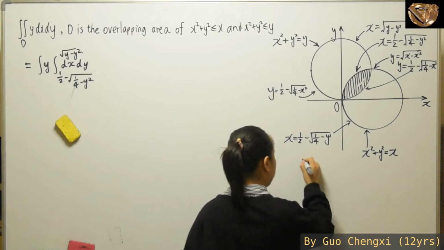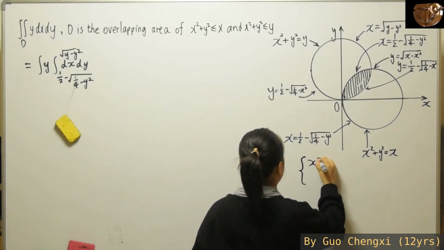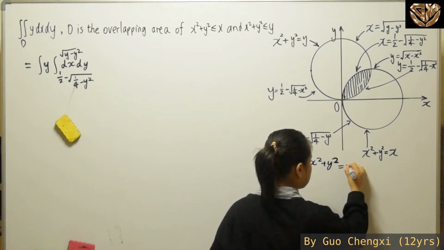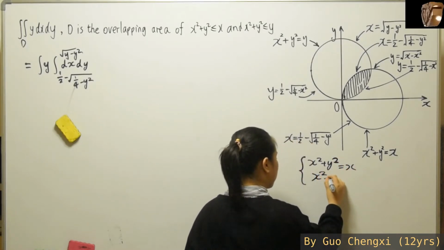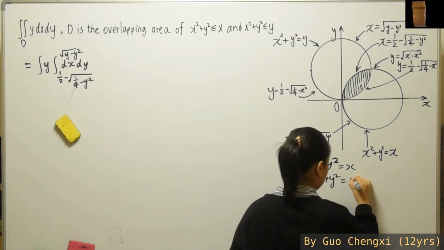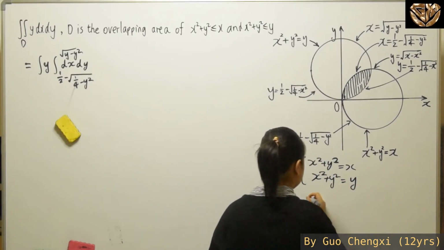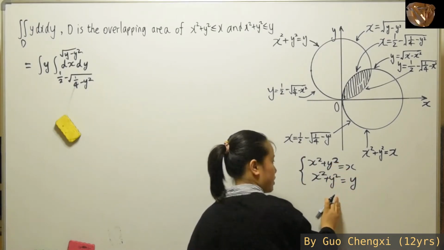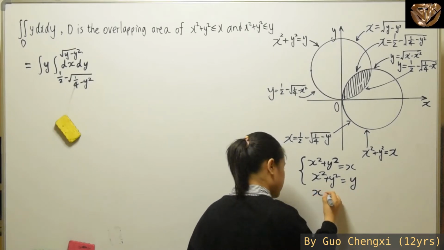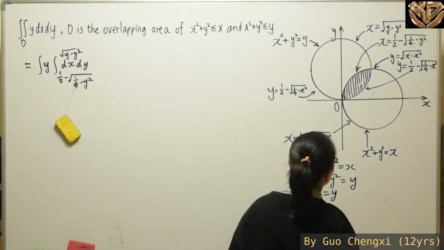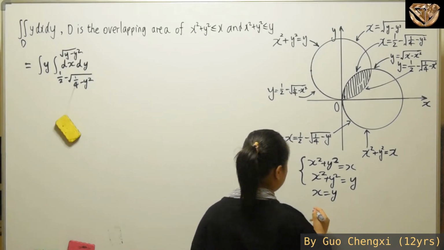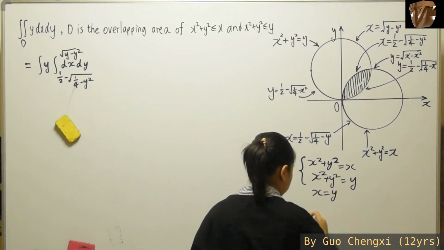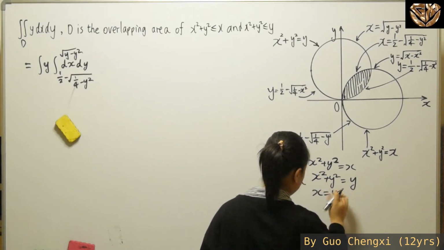So for the boundary for y, we have these two equations, right? x squared plus y squared equals to x, and x squared plus y squared equals to y. If we use the process of elimination, you can tell that x equals y. So what are we going to do here? Since we need to find the boundary for y, we're going to substitute x as y, and we're going to use the equation below.